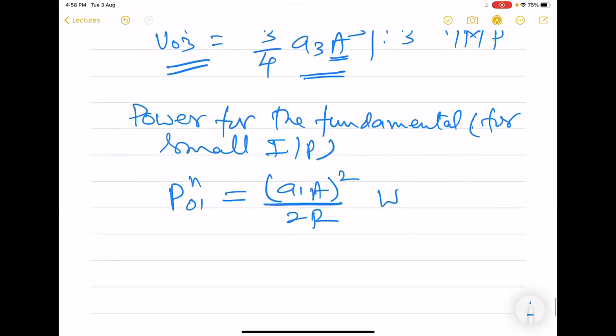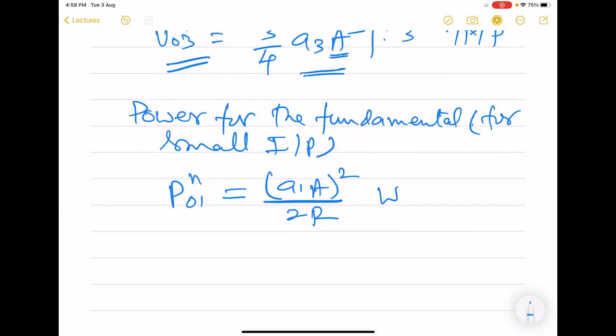So this is going to be power for the fundamental for small input.